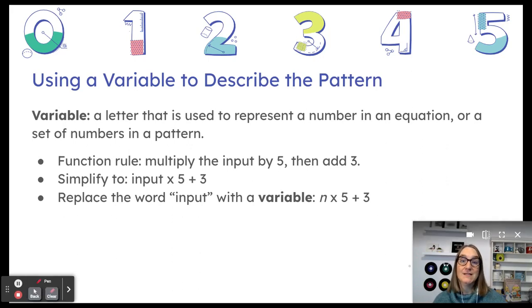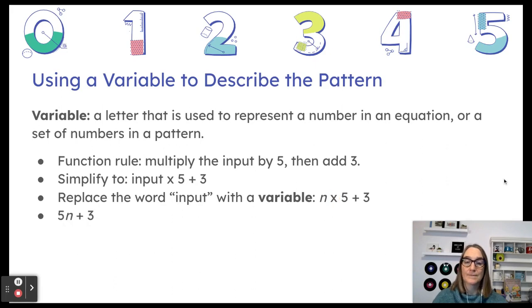Now, here's where we get into some potential confusion, though, because the letter x is probably the single most commonly used variable, but it also happens to look identical to the times symbol right here. So, to avoid confusion, we simplify it even further and we just write 5n plus 3.